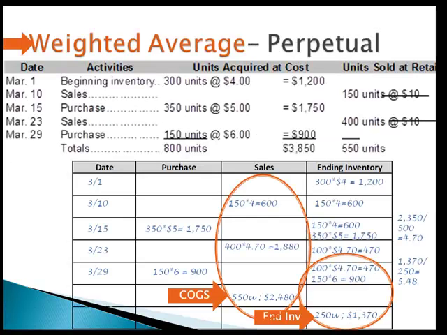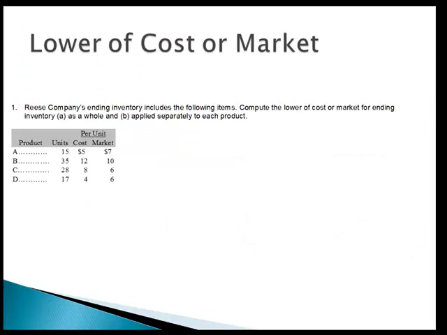All right, so those are the 4 methods for a perpetual system. I'm going to take you through lower of cost or market, and then I'm also going to take you back through the periodic method for these 4 different systems. So lower of cost or market: it's a calculation to see, accounting is very conservative.